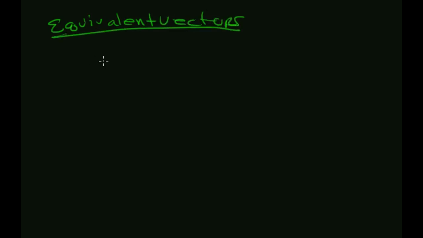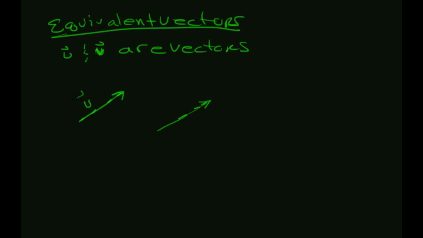Okay, in order to have a vector algebra, I have to have a couple of things understood. So I have to have the idea of equivalent vectors. So when are two vectors equal? Let's say U and V are vectors, and they are in such a way that they head in the same direction and they have the same magnitude.